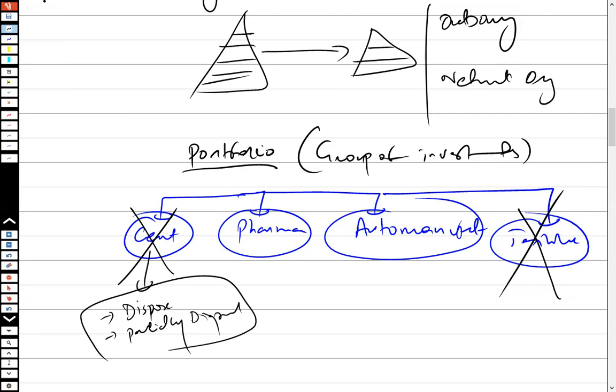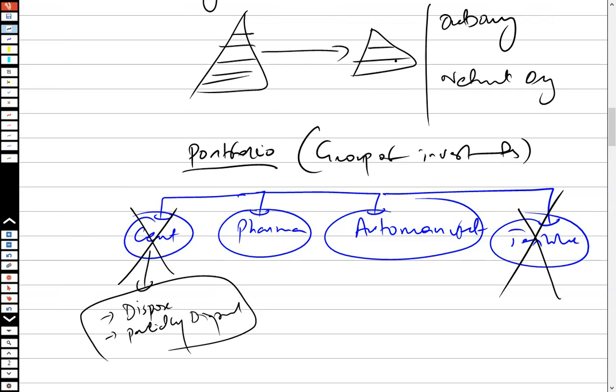When you are connected to multiple businesses and you think that you need to enhance the value of the business, and for that you undertake certain actions and changes, that is going to be considered portfolio reconstruction.